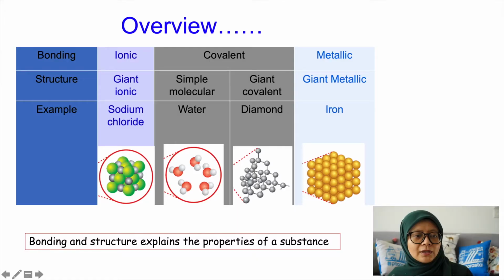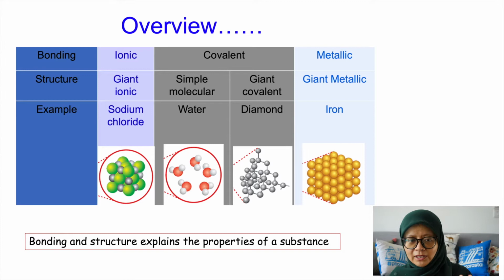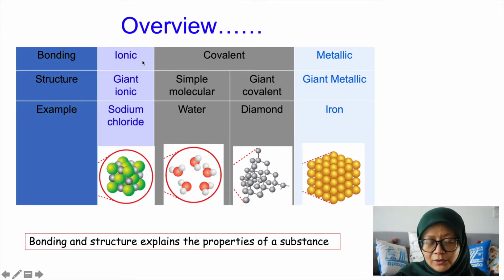Here in this table, we have three kinds of bonding. The first one is ionic, and the structure for ionic we usually call giant ionic. The example is sodium chloride, and this is the structure of sodium chloride.